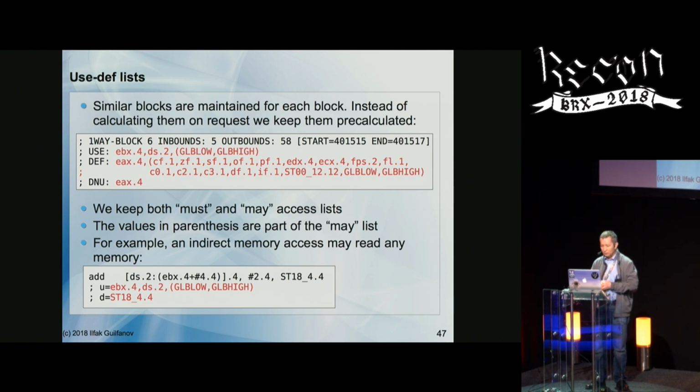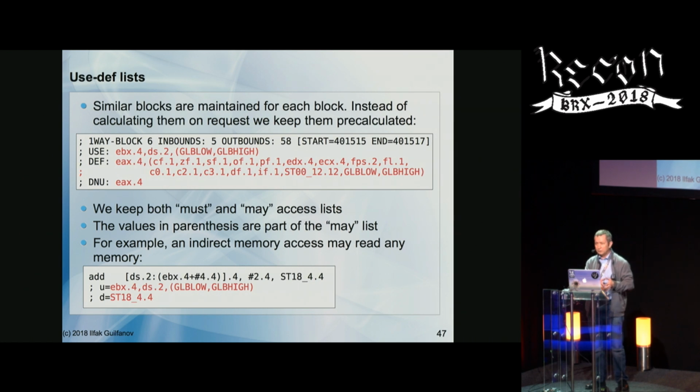For each basic block, we have the used list, the defined list, and defined but not used. D-new stands for defined but not used locations. We keep both must and may access lists. So for an instruction, we can talk about the must access: the instruction must access this memory cell, and on the other hand, may access.